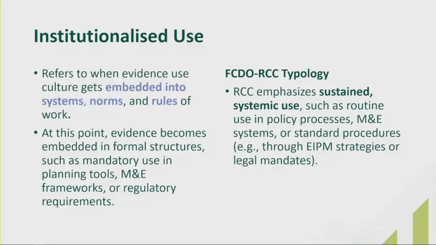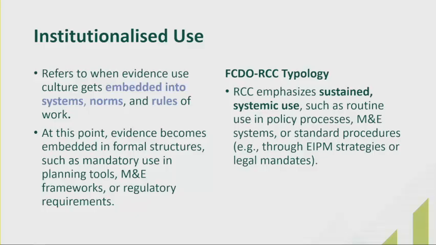People are rewarded for using evidence. People are penalized, in quotes, for not using evidence. So there's a drive for which reason you should use evidence. This is when evidence use culture gets embedded within the systems, the norms, and the rules of work. So these are the 5 different use cases that we'll be looking at all together.